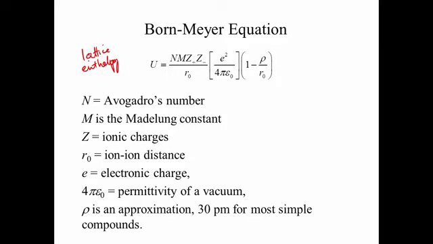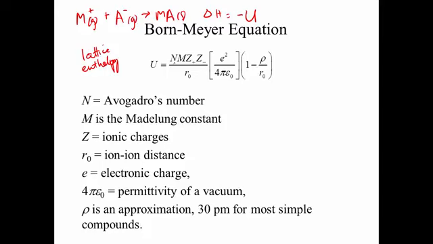And it's defined as coming from the gas phase ions. The lattice enthalpy is the negative of the change in enthalpy for this reaction, and it's going to be exothermic, but we want lattice energy as a positive value. We're going to keep it positive, so we're going to put a negative sign there.